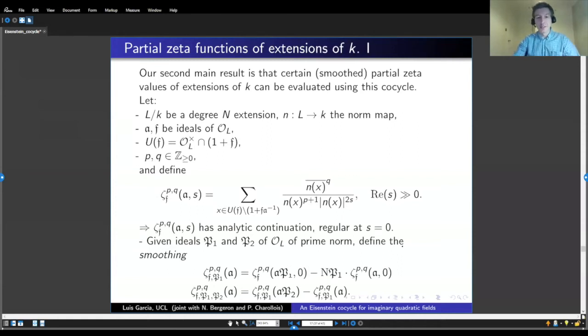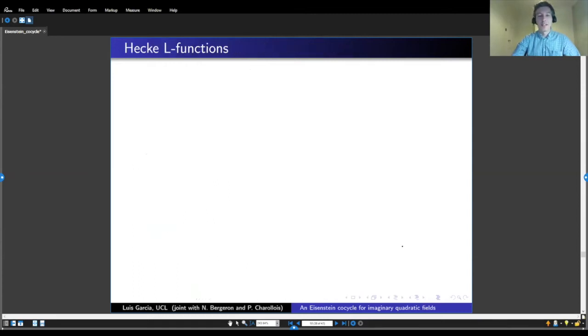So you pick two ideals, P1 and P2, and then the first smoothing looks similar to the smoothings we have been considering. You take a linear combination weighted by the norm of the smoothing ideal, but then there is a second smoothing given by that expression in the last one. Okay, so I just wanted to point out here that these functions appear.